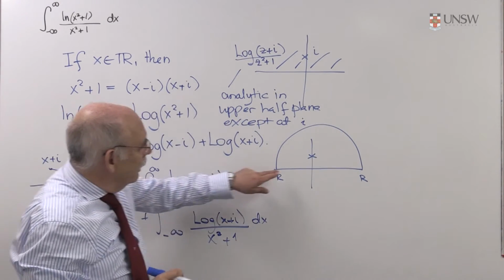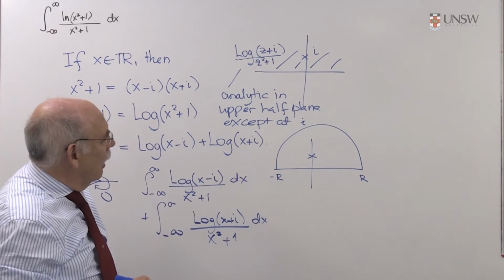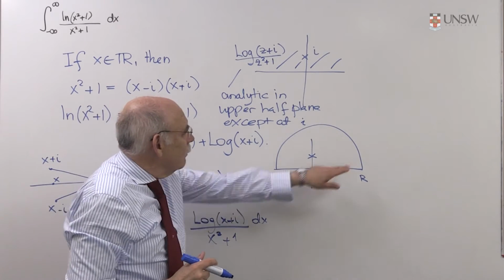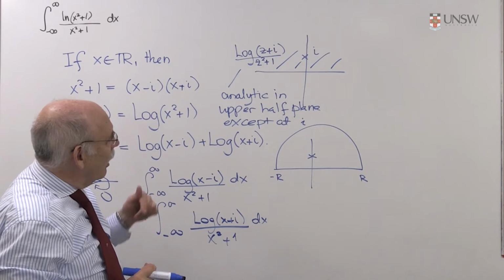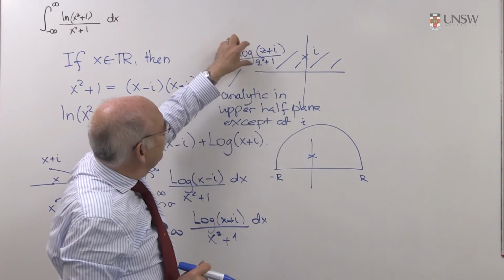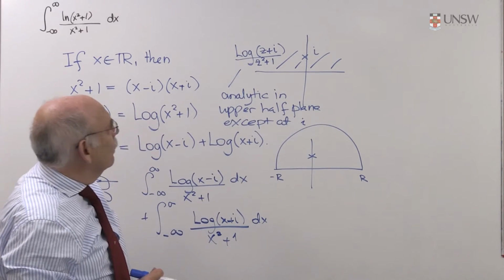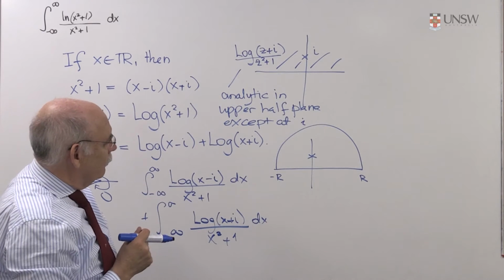So in the upper half plane, I'm allowed to take one of my standard contours like this, and if I do an integral around this contour, I will get that the integral around this contour is equal to 2 pi i times the residue of this function at i, which you can calculate without too much trouble at all.